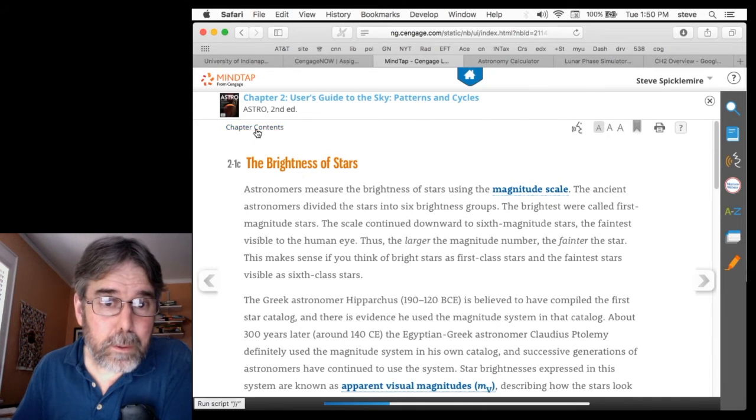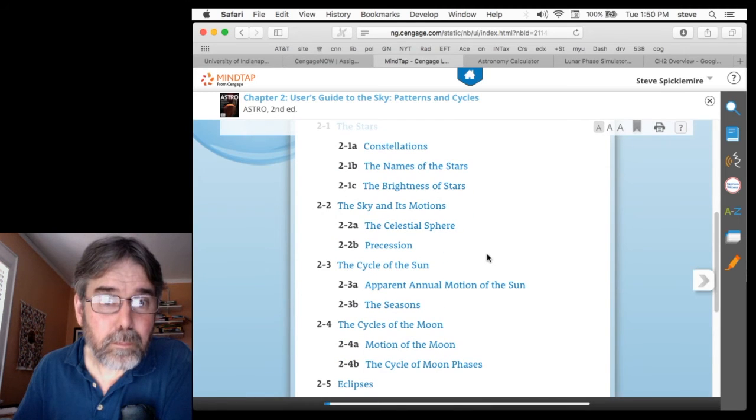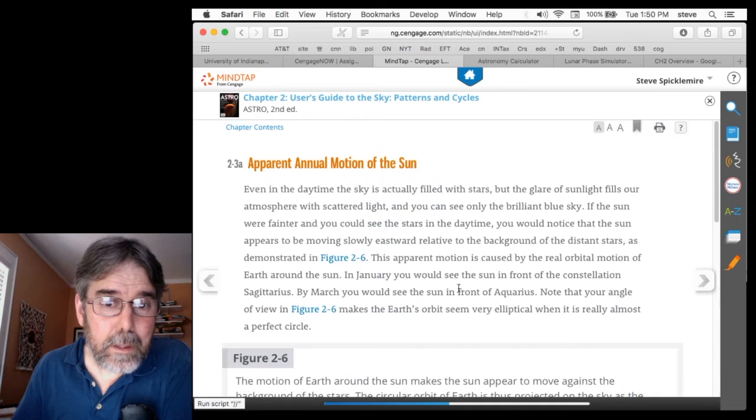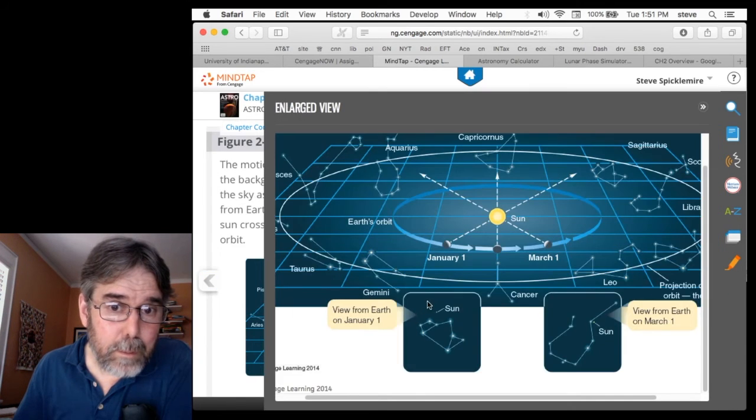Let's see if I can pull this up. If I go to the textbook, you'll see the chapter contents are listed there, and if I click on the apparent motion of the sun, there's a nice picture. As the Earth goes around the sun, right here, let me zoom in, this is on January 1st, at noon you're looking right at the sun, and if you could see it, you'd see Sagittarius, but of course you can't because the sun blocks out the sky.